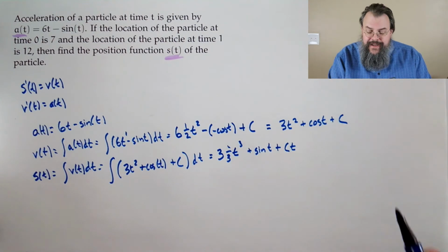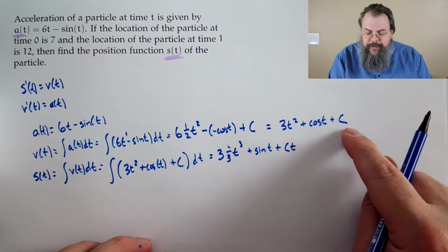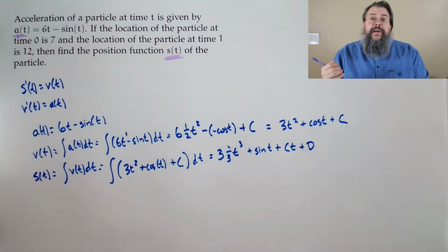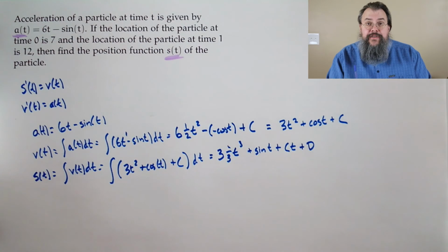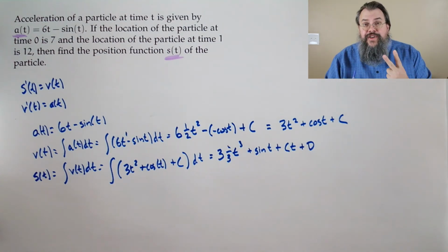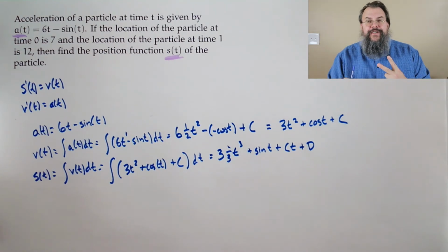a constant, right? You might say, but wait, we already have a constant. But that constant came from somewhere else. There's going to be another constant. The rule is every time we take an antiderivative, there's going to be a new constant introduced. Since we took two antiderivatives, there's going to be two constants for us to figure out.